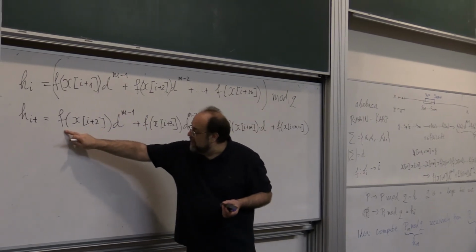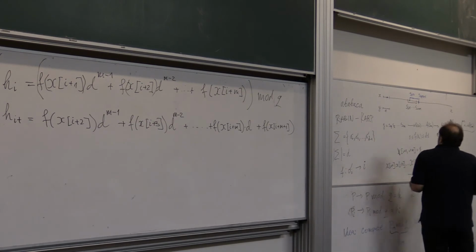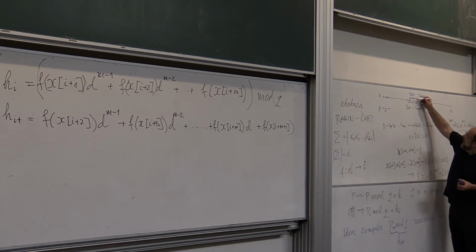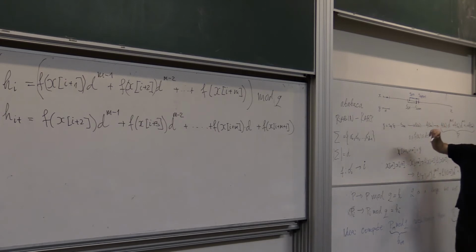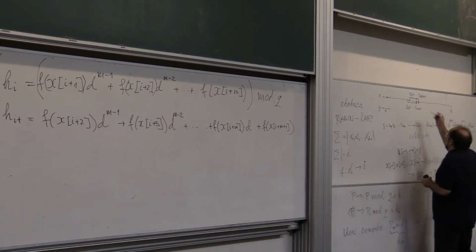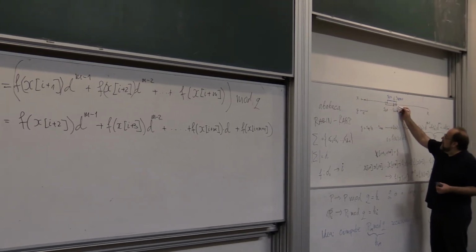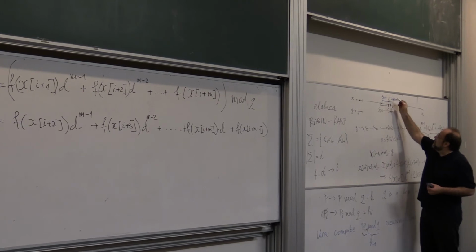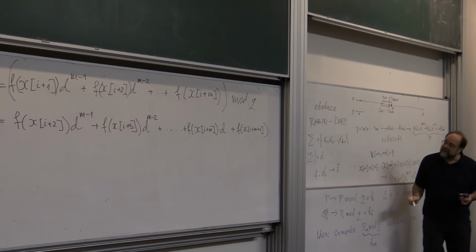So it will be this times d to the m minus 1, and then at the very end, rather than being the free term without any power of d, d to the 0, this will be d to the 1, and d to the 0 will be this term, right?